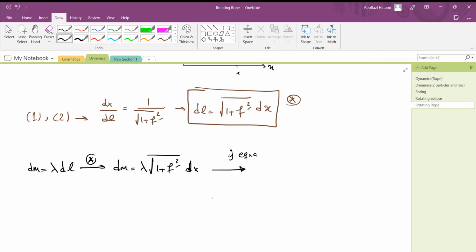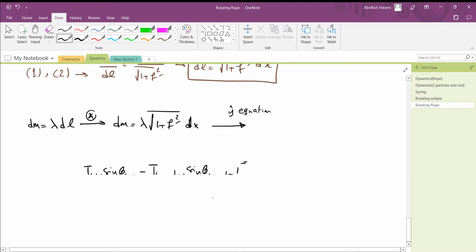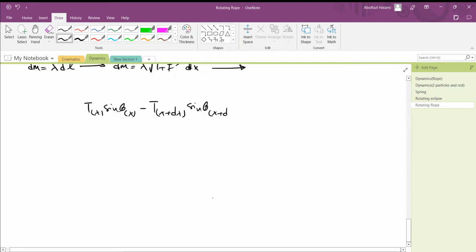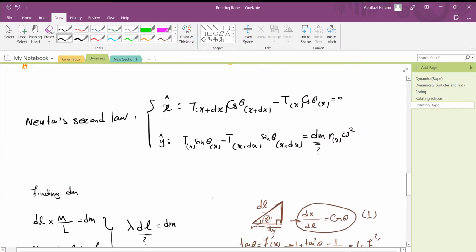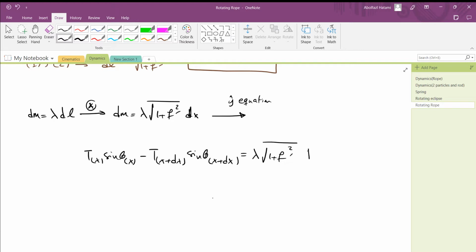In the y hat equation, we had T(x) sine theta(x) minus T(x plus dx) sine theta(x plus dx) was equal to dm r(x) omega squared, where dm is lambda radical 1 plus f prime squared dx.